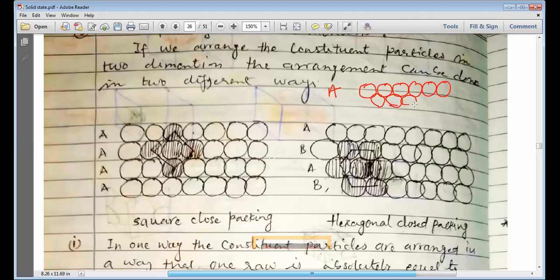You can see here, this is where we put the particle into the gap. So this particle and this particle are not in the same row, but are differently arranged.